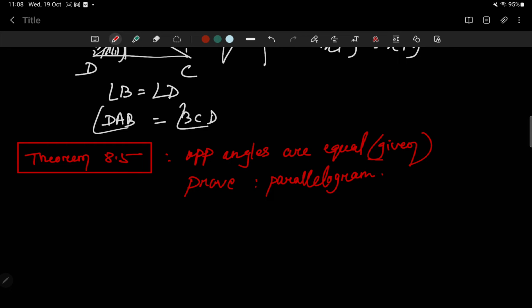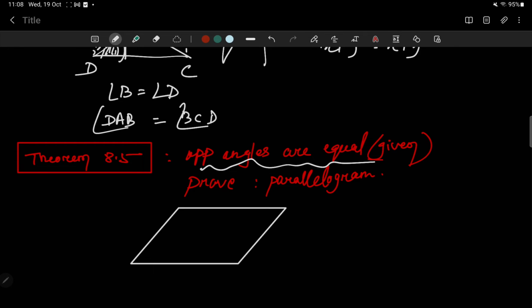So that means if you will draw a parallelogram here like this, okay, so it is given, what it is given, opposite angles are equal, means this equals to this is given, this equals to this is already given. So you have to prove that it is a parallelogram. Obviously we know in the previous theorem that in a parallelogram, so here you need to prove that this is parallel to this.